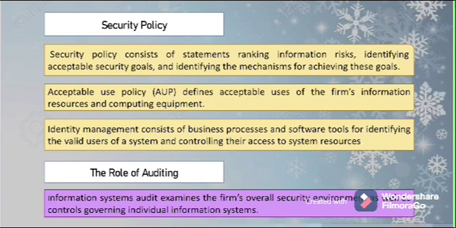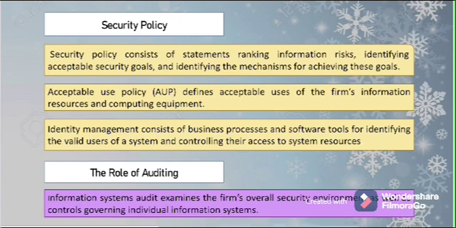The next point is the role of auditing. An information system audit examines the firm's overall security environment as well as controls governing individual information systems. The auditor should trace the flow of sample transactions through the system and perform tests using, if appropriate, automated audit software. The information system audit may also examine data quality.